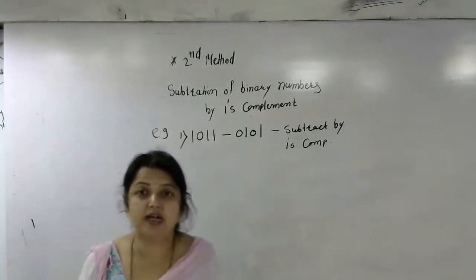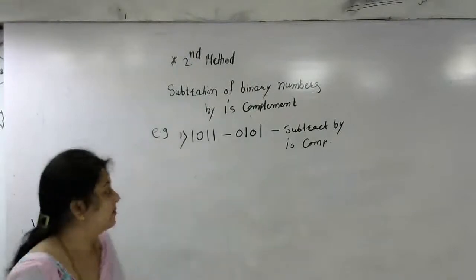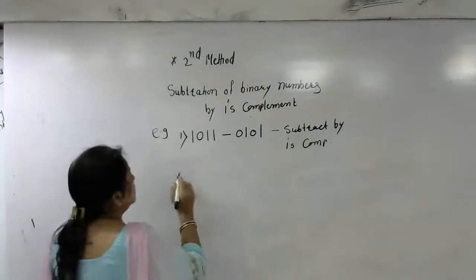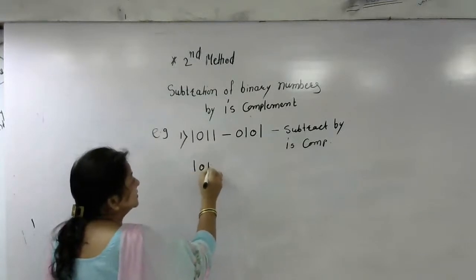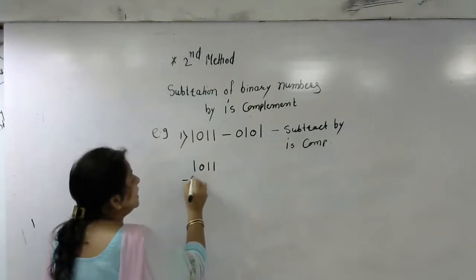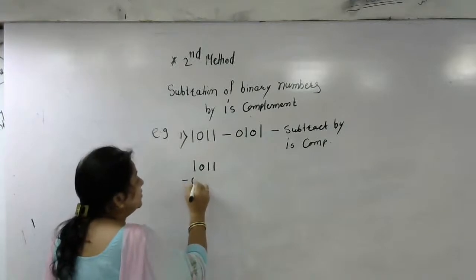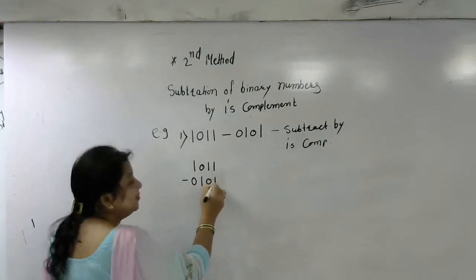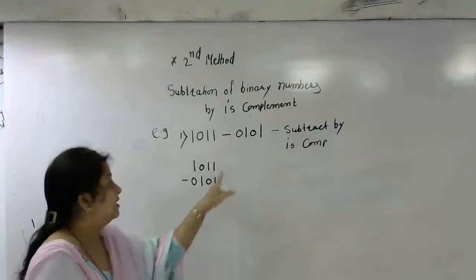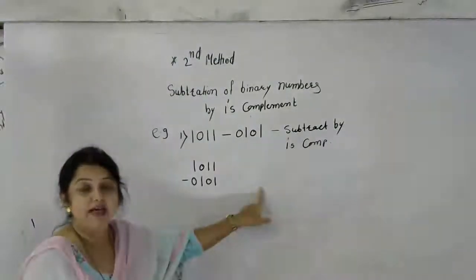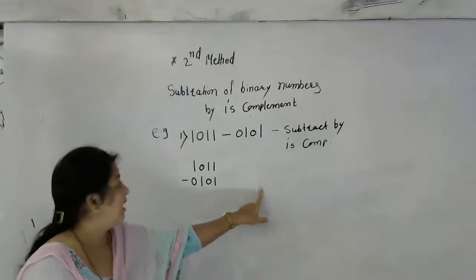Subtract by 1's complement. So right here, according to step 1, first we write like this. This is A and this is your B. A and B are for our understanding. It is not necessary to write this is number A, this is number B.